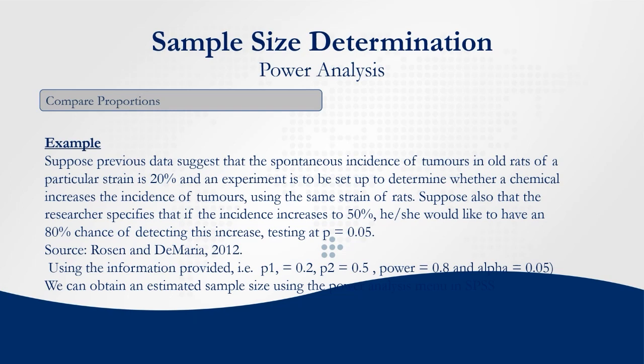So the power is set there, the alpha is set here. For the one group, P1 is 20%. Then the percentage in the other group is 50. The other things have been specified.